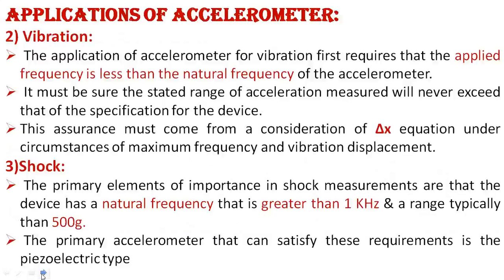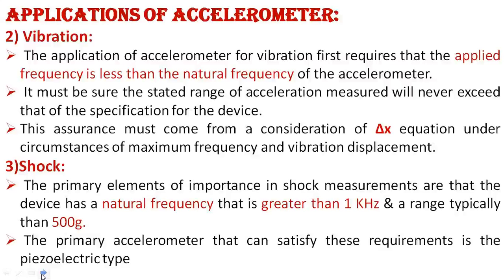Second one is vibration. The application of an accelerometer for vibration first requires that the applied frequency is less than the natural frequency of the accelerometer. It must also be ensured that the stated range of acceleration measured will never exceed that of the specification for the device. This assurance must come from a consideration of the Δx equation under the circumstance of maximum frequency and vibration displacement.